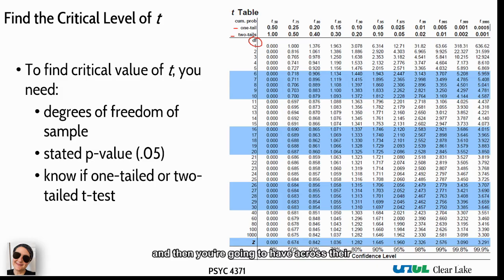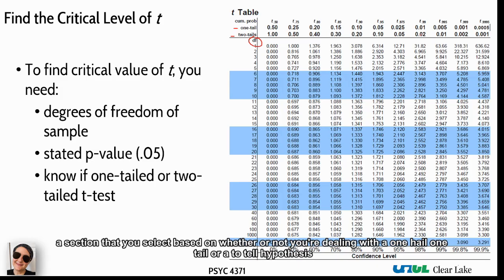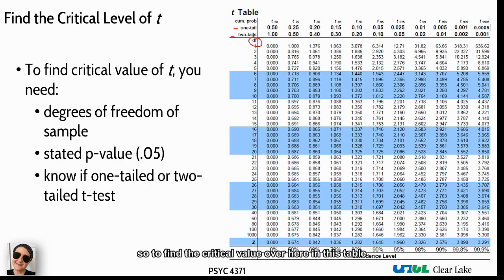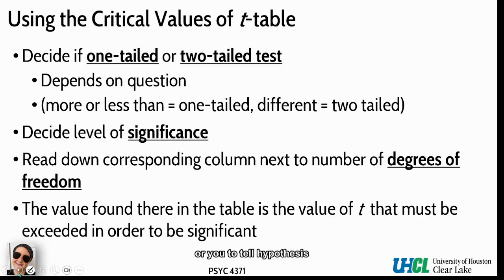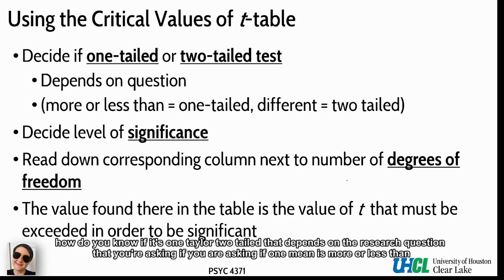And then you're going to have across there a section that you select based on whether you are dealing with a one-tailed or a two-tailed hypothesis. So to find the critical value in this table, you need to know your degrees of freedom, you need to know your p-value, and you need to know if you are dealing with a one-tailed or a two-tailed hypothesis. So how do you know if it's one-tailed or two-tailed?